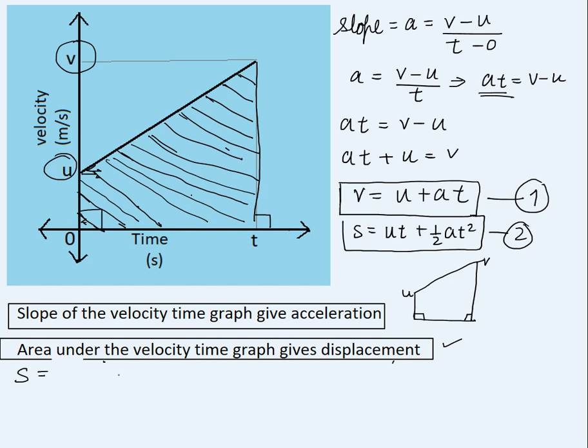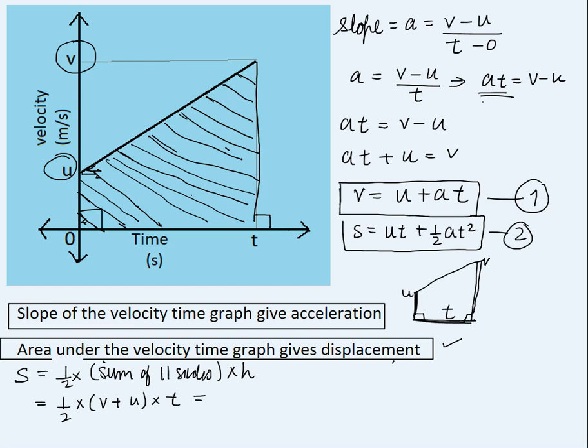So the area of a trapezium is half into the sum of parallel sides into height. So I have the parallel sides as v plus u and the height is t. So these are the parallel sides u and v, and this separation is t.